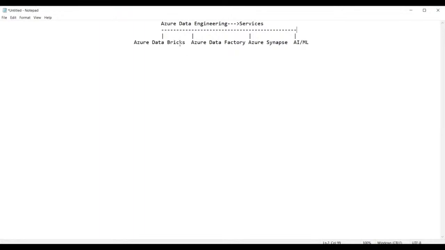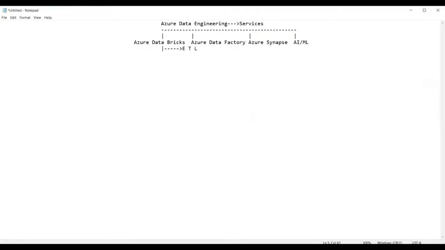So now, guys, what is Azure Databricks used for, and what is its purpose? This service called Azure Databricks is provided by Microsoft to perform the job of ETL. So what is this ETL?